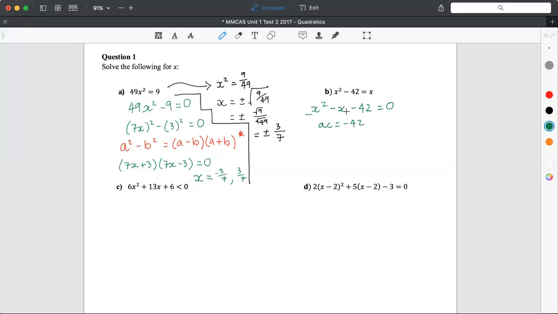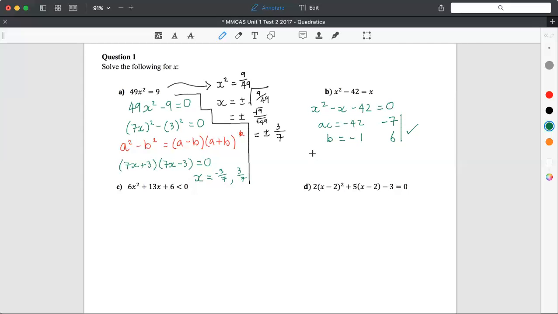A is 1, C is negative 42, so A times C is negative 42, and it adds to give negative 1, because our B value is negative 1. Negative 7 plus 6 would work, because negative 7 times 6 is negative 42, and negative 7 plus 6 is negative 1.